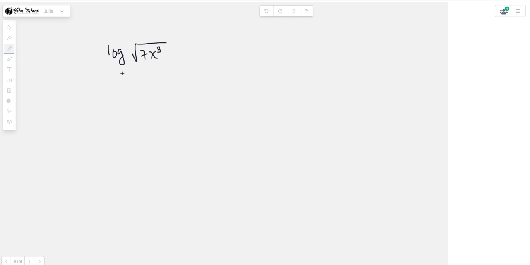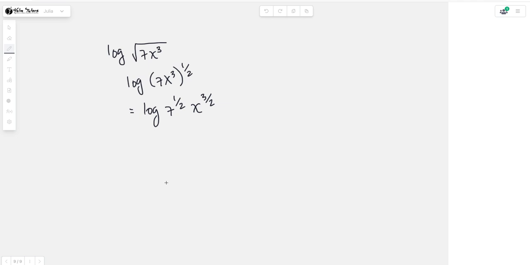Yeah, exactly. So log of 7x to the third to the 1/2. Yeah, exactly, that's I think the path of least resistance. So it'd be log of 7 to the 1/2 and x to the 3/2. Does it make sense?